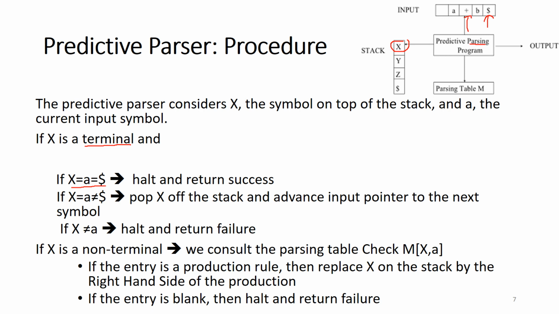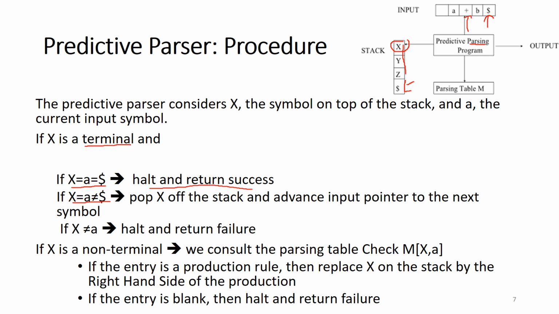And as far as the stack is concerned, we have finished all the symbols in the stack and we have come to the bottom of the stack. In that case, we halt and return success, which means that the input string belongs to the language generated by the grammar.